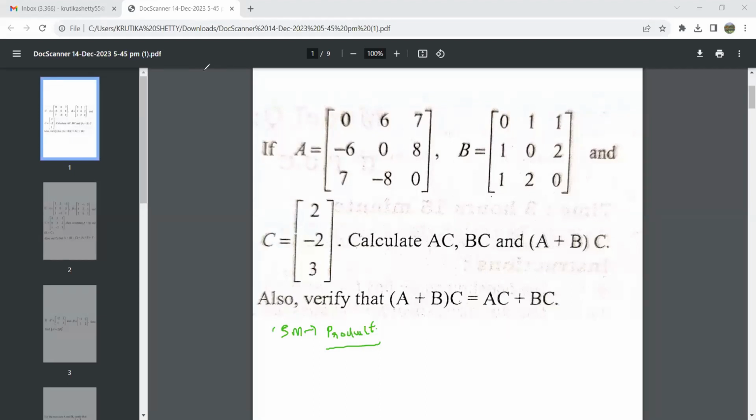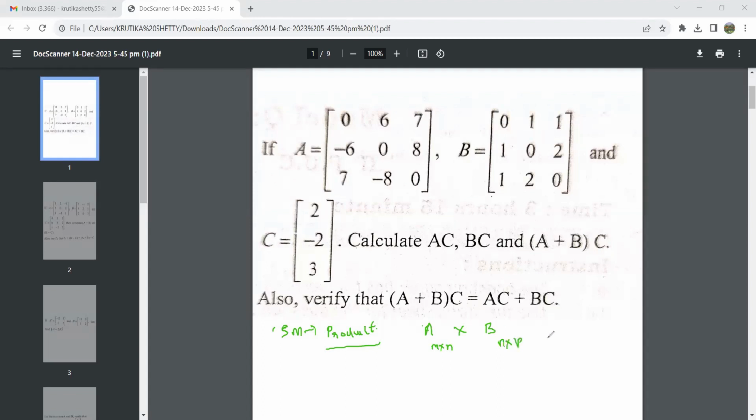Yes, okay. Before going to the question, just remember a simple rule. Whenever we are multiplying two matrices, matrix A and matrix B, suppose the order of matrix A is m cross n, and the order of matrix B is n cross p.